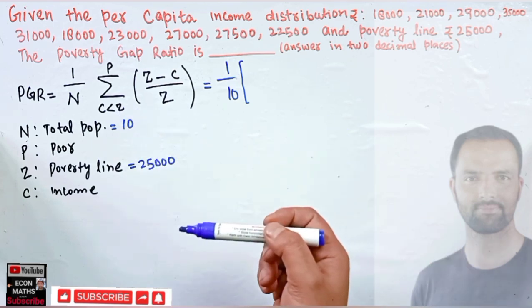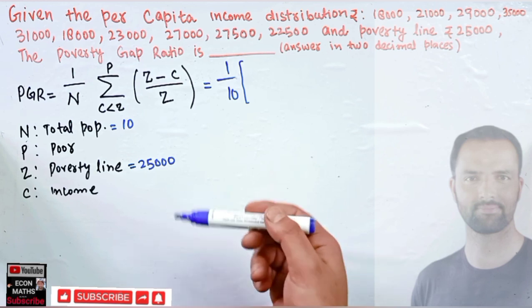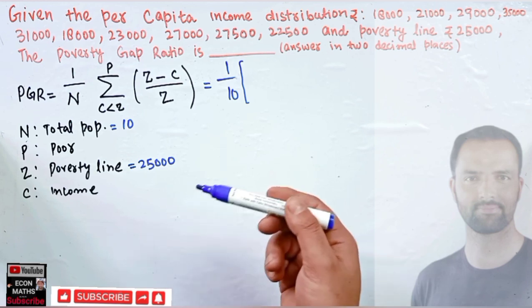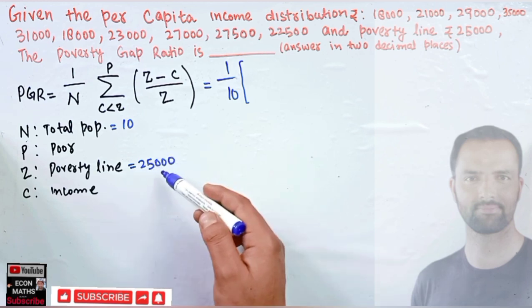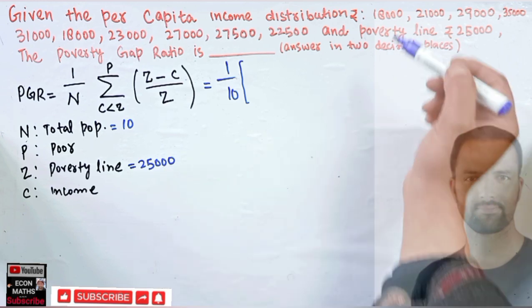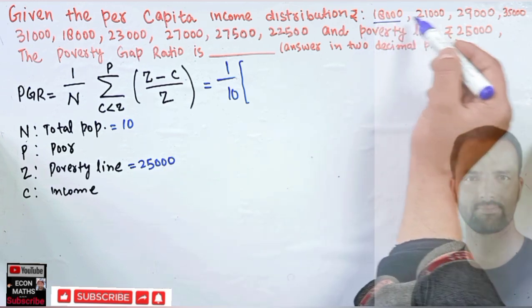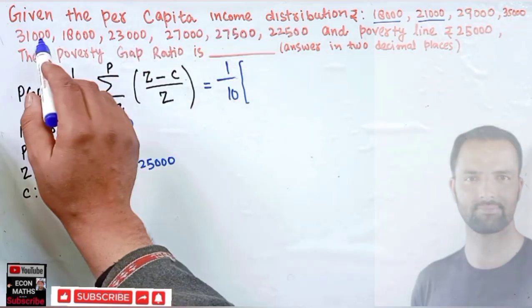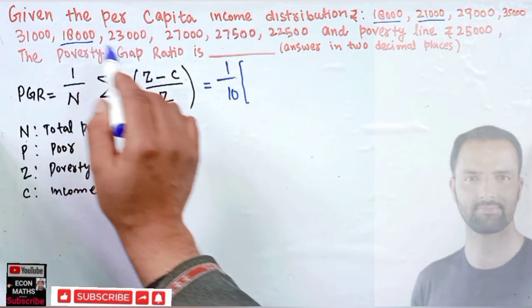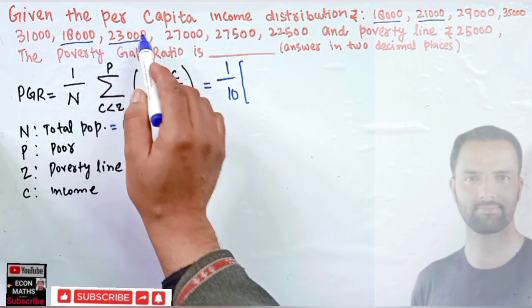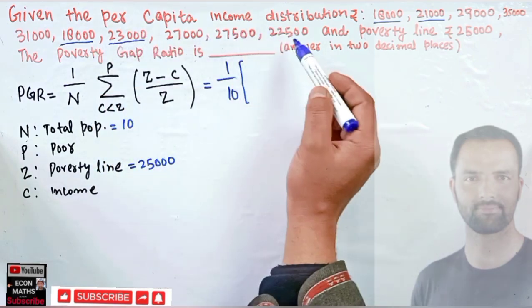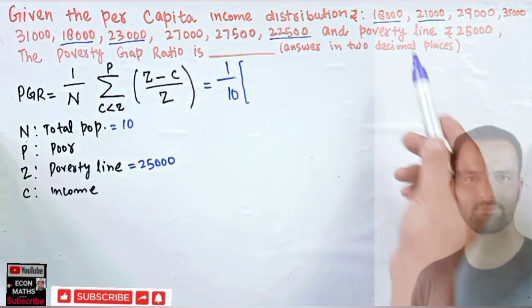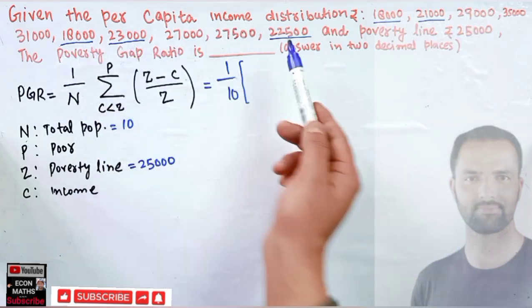How many persons have an income less than 25,000? Let us see, this 18,000 is less than 25,000, this is also less than 25,000, so these are greater than 25,000, we don't consider them. This is 20,000, this is less than 25,000, this is also less than 25,000, these are greater than 25,000, and this. So we have 1 2 3 4 and 5 persons.